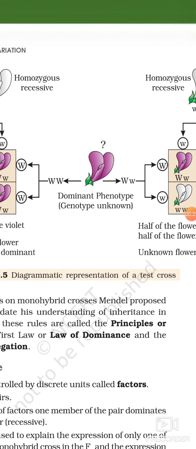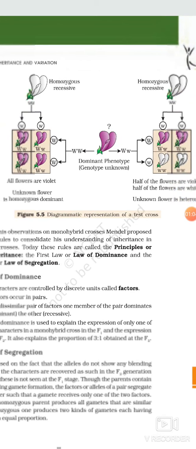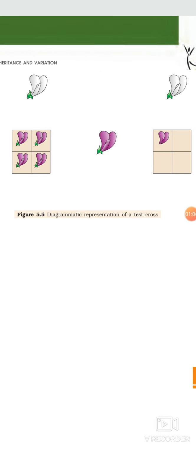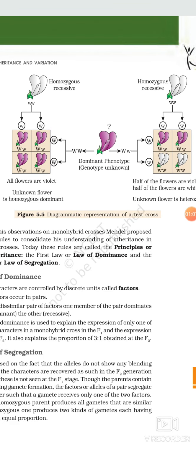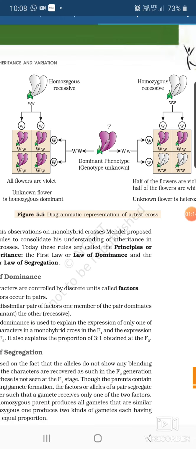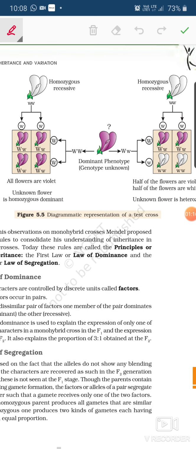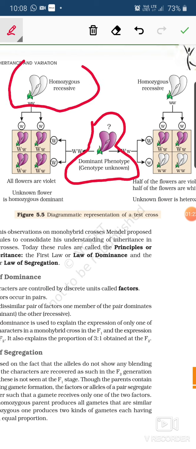In that case, we will cross the parent plant with the unknown genotype with the recessive plant. Here you can see the cross has been made of this unknown parent plant with the homozygous recessive plant, which has the white flower.